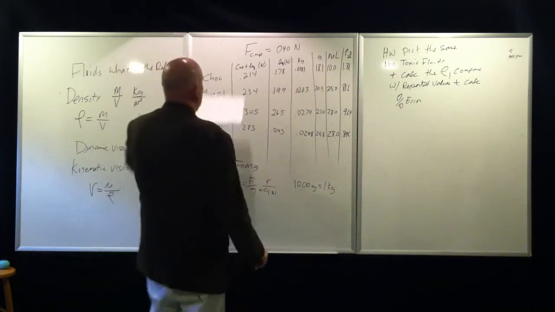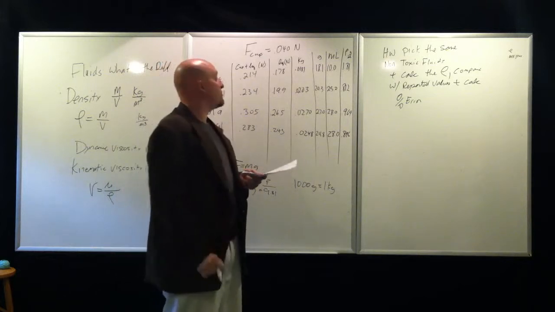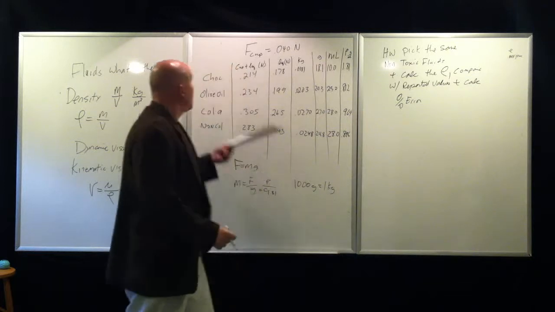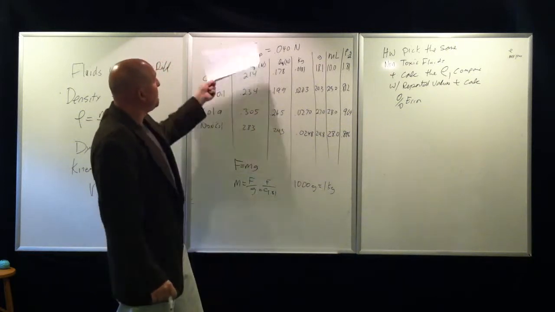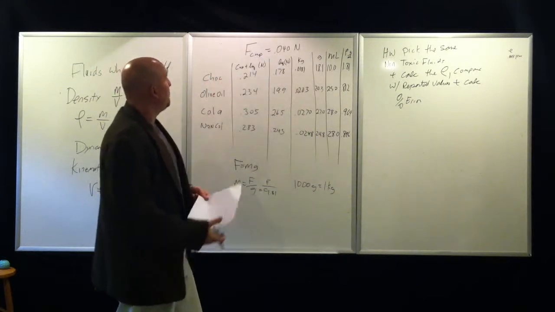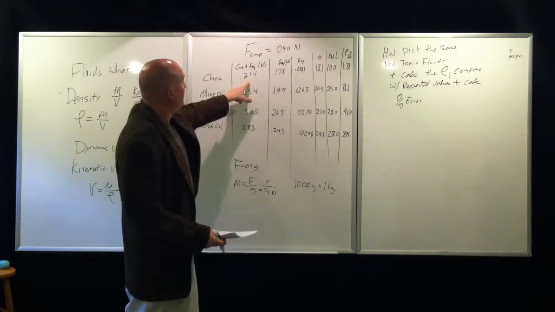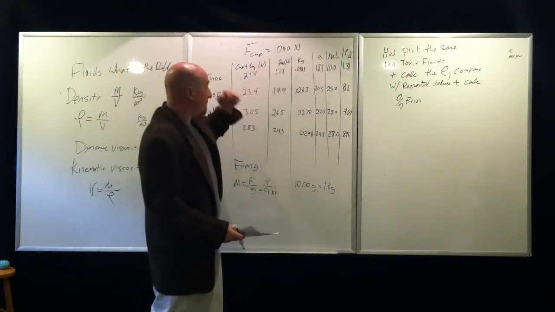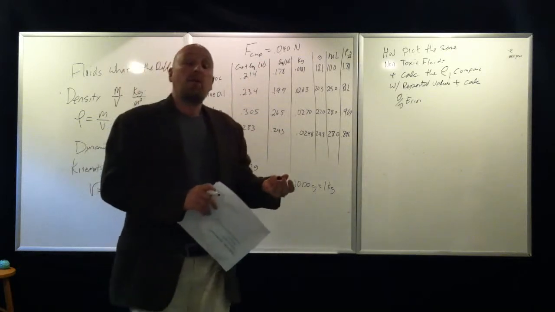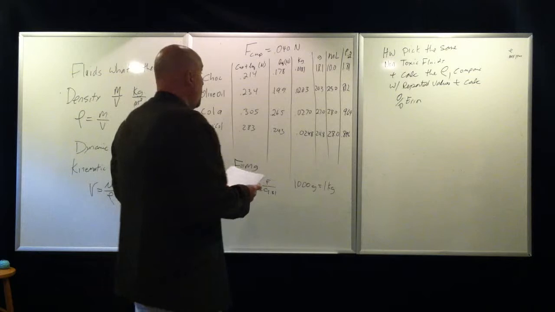So let's recap. This column is what you would measure the force on your force sensor in newtons with your liquid and the cup. Before you did the experiment, you'd measure the weight or the force of the cup, 0.04. This column is determined by taking this column and subtracting 0.040 newtons, resulting in the weight force of the liquid.